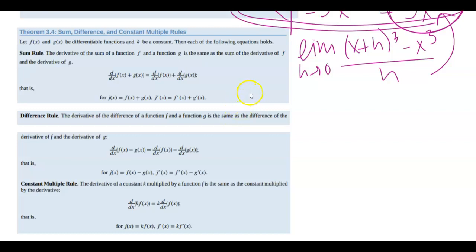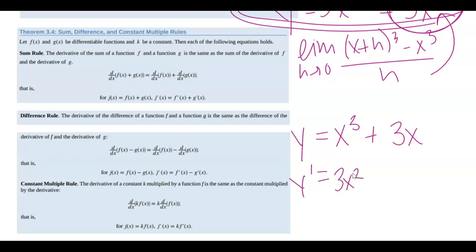These next couple of rules just tell you that derivatives are what we call linear combinations. And so if you have x cubed plus 3x, let's just say, then you can just take the derivative of this first one, 3x squared, and the derivative of this last. Now on that one, I would have x to the power of 1, so 1, bring it down.